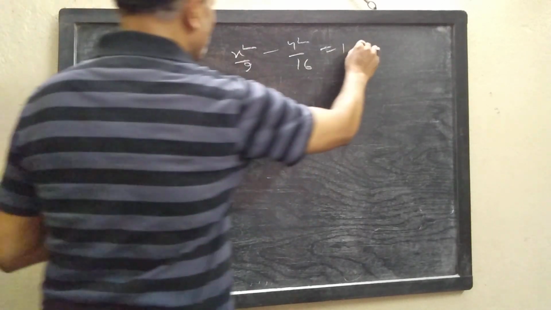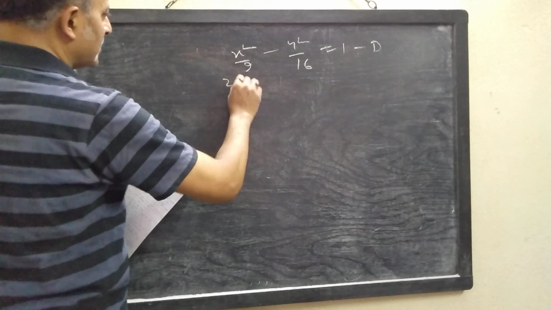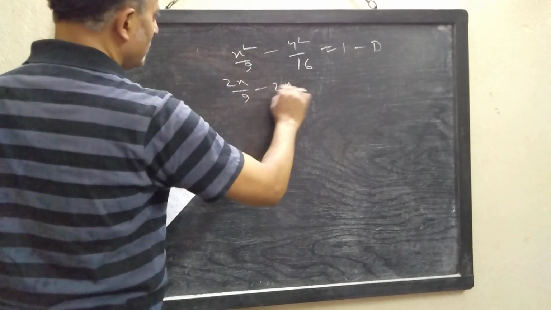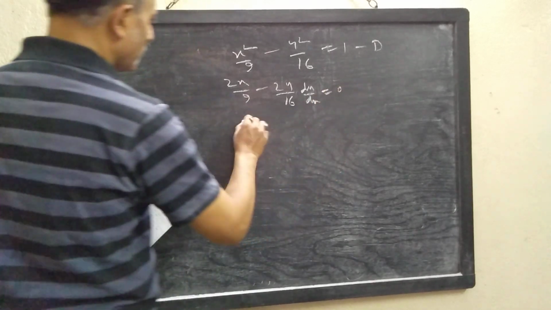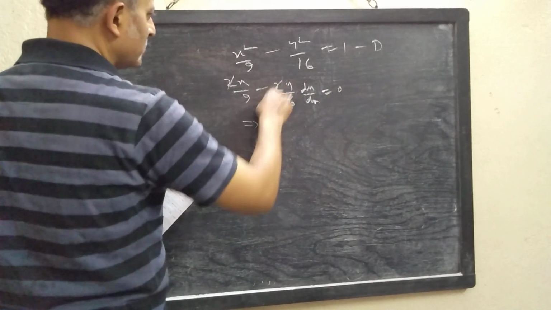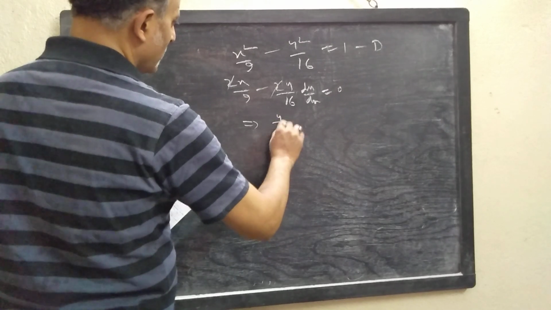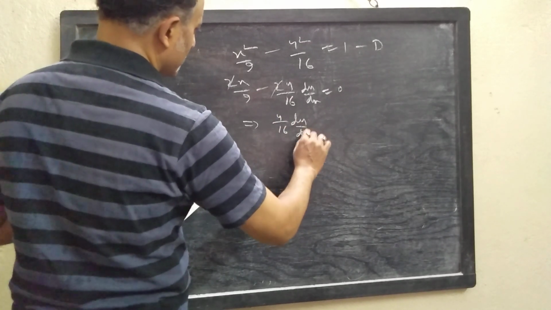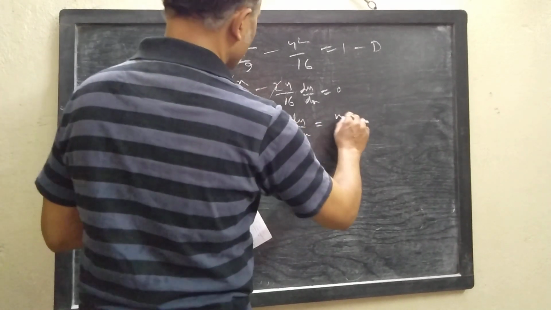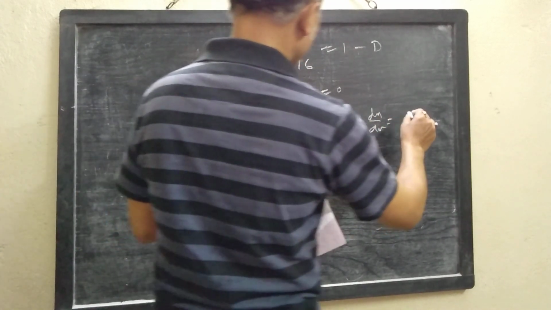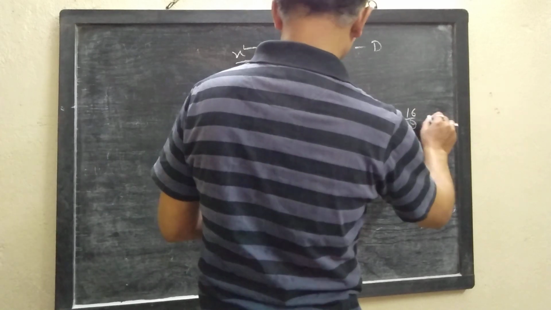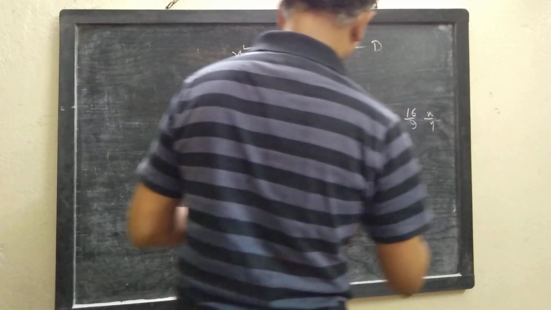Now differentiating both sides with respect to x, we get 2x by 9 minus 2y by 16 dy/dx equals 0. Cancel 2 here: y by 16 dy/dx equals x by 9. This gives us dy/dx equals 16 by 9 into x by y.